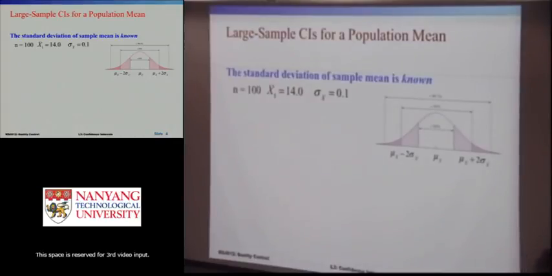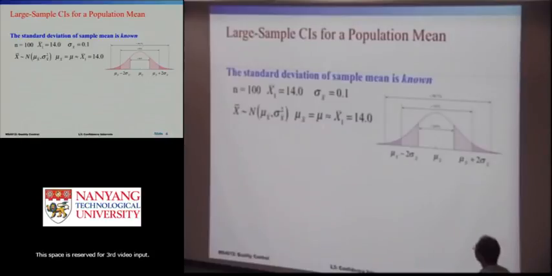Okay? Then we know x bar satisfies a normal distribution. And mu x bar, when we go to infinite samples, should equal mu x. And then we take a point estimation here. Assume that the sample mean of the first sample equals the population mean. We get it equals 14.0.